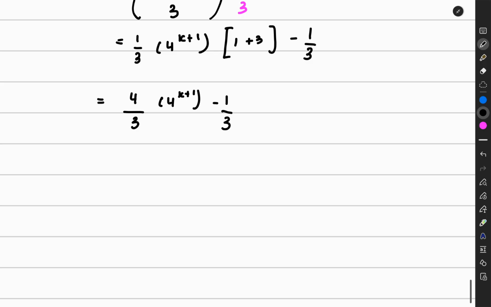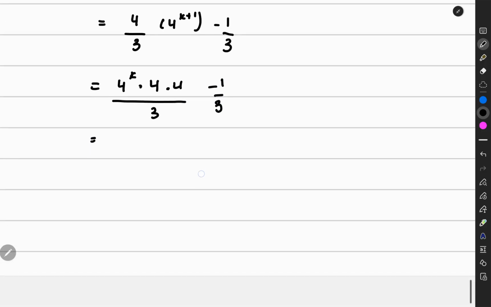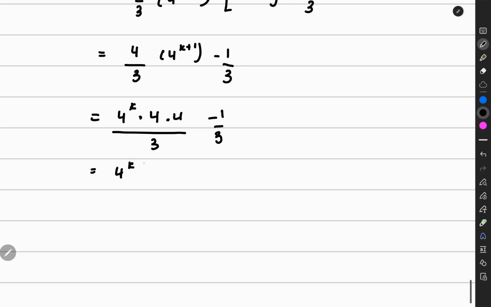Yang boleh tak? 4 to the K plus 1 minus 1 over 4 to the k, sebenarnya dia adalah macam ni kan? Dia adalah kalau saya pecahkan boleh tak sebab macam ni? Sama kan? Make sense? Lepas tu this one is like 4 to the k plus 2 because this one is like 4 to the power of k times 4 to the power of 2, which can be simplified to 4 to the k plus 2, minus 1 over 3.